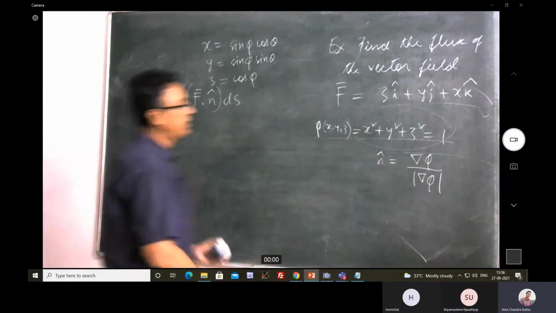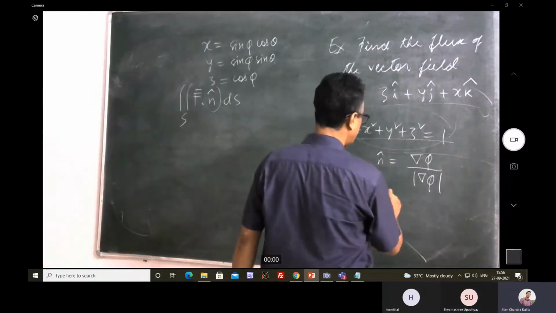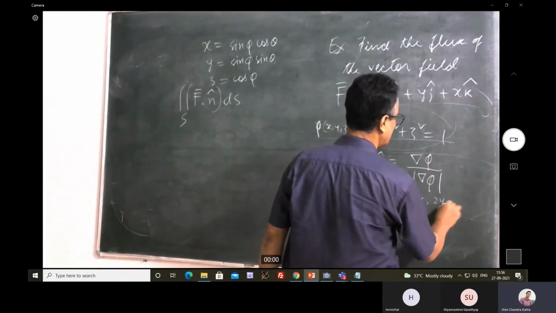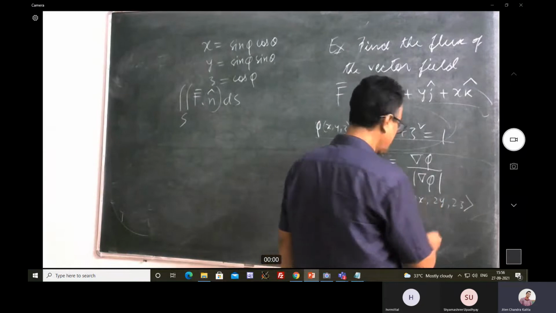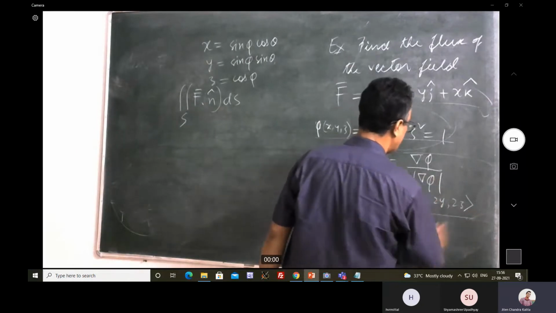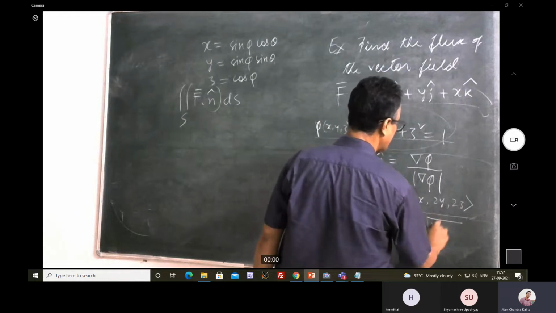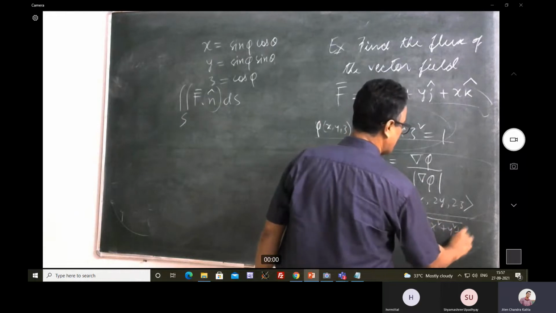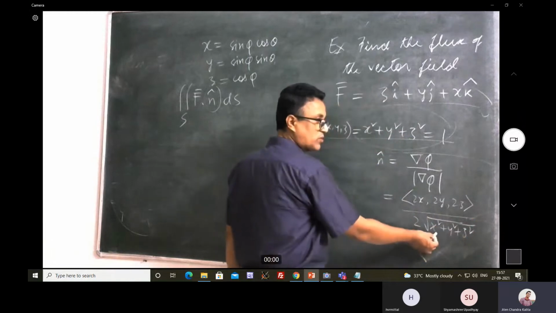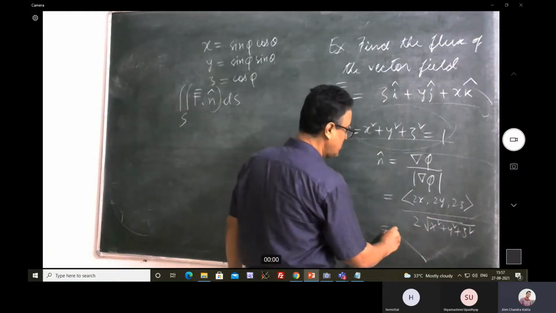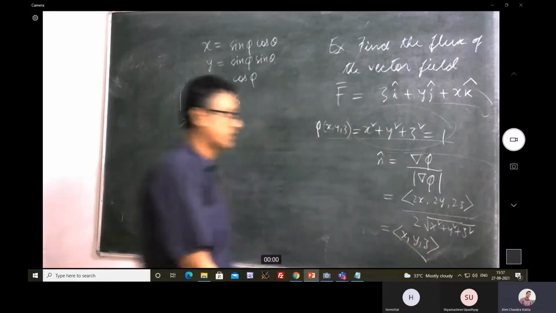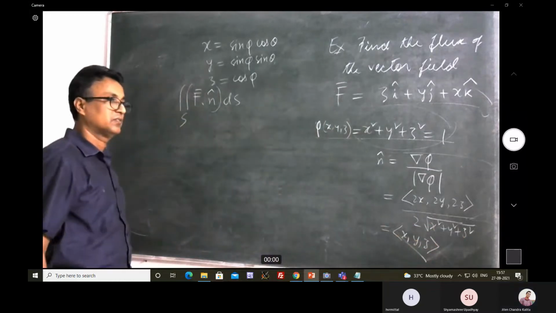Then grad phi is simply going to be 2x, 2y, 2z, and mod grad phi is eventually given by x square plus y square plus z square, and this is simply 1, x square plus y square plus z square equal to 1. So you are simply going to get x, y, z, isn't it?